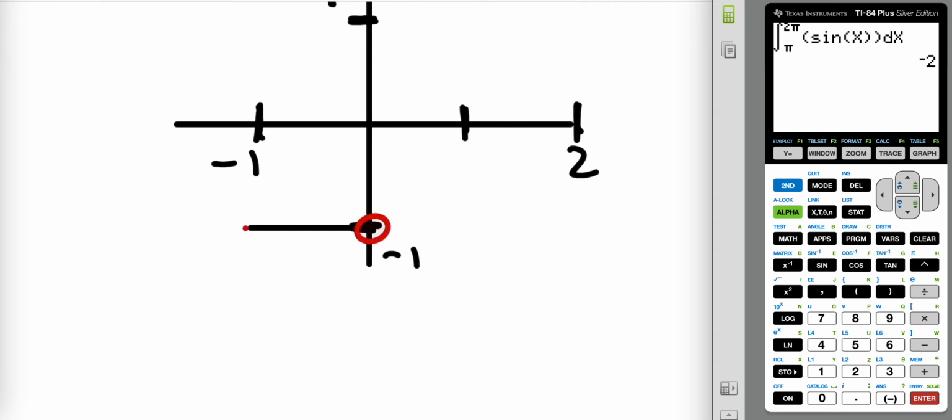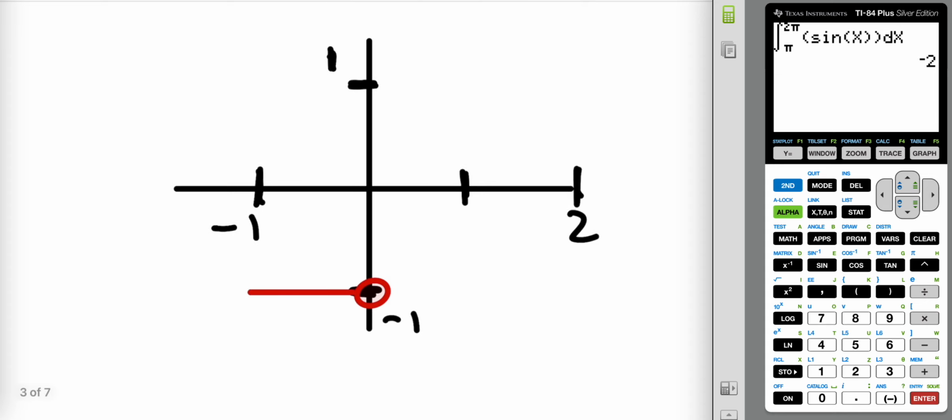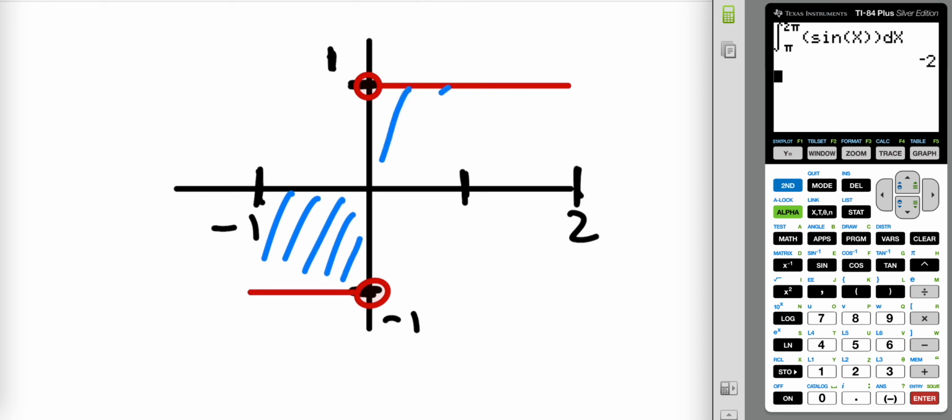I'll do an open circle, and actually I'll make it red. And then an open circle here, going out to a +2. And it's these two areas that we're looking for. This one here, and this one here.